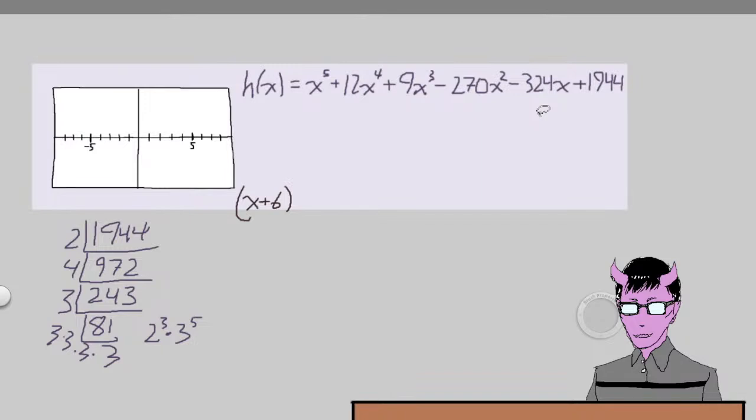x to the power 5, 12x^4, 9x cubed, -270x squared, yes. And then -324, +1944, yes. Let's do the synthetic division again, just to double check. Let me make sure of something.